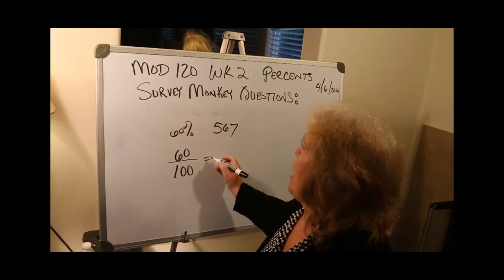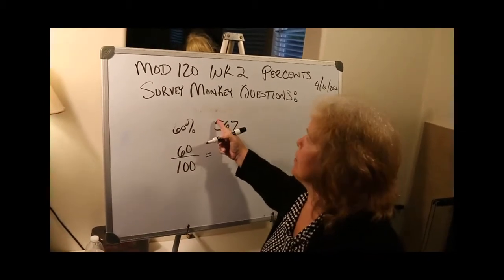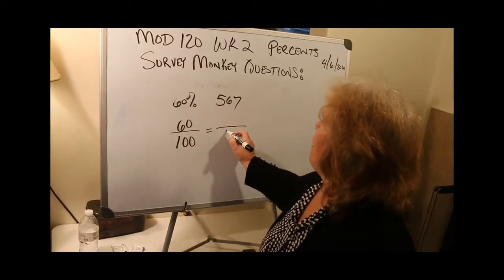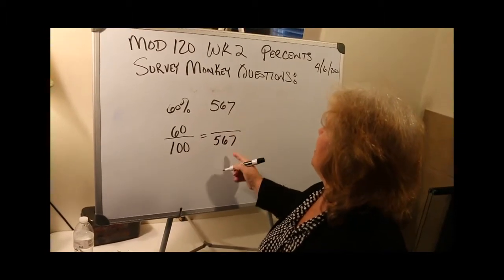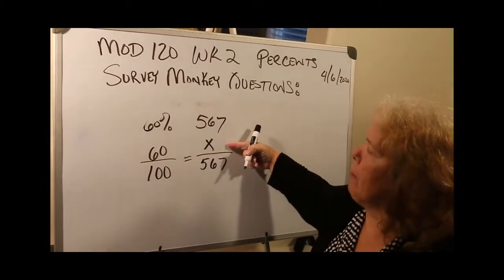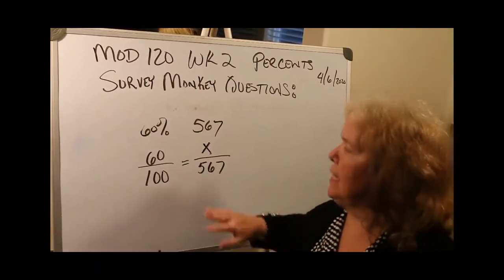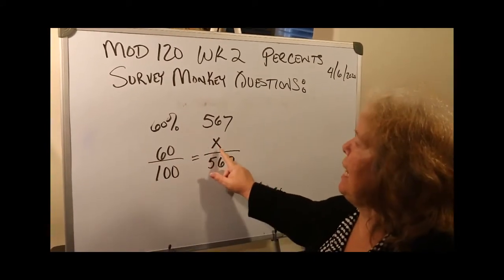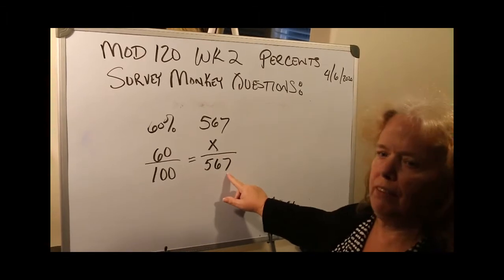What we don't have is the part of 567. So I'm going to put 567 down here, and the missing information is up here, the part. So 60 over 100 is the same as x over 567.